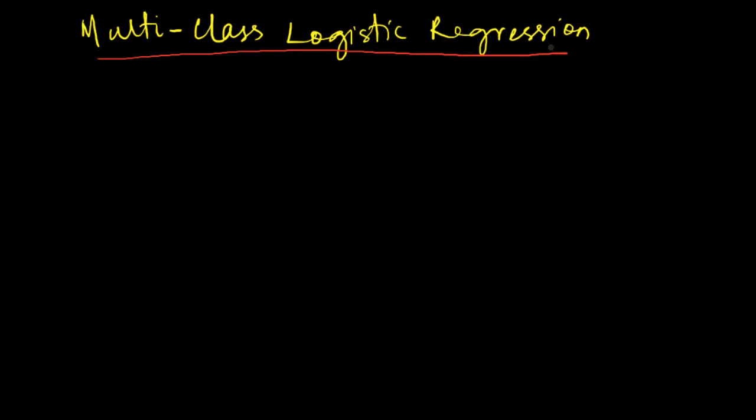But before getting there, let's see how we can use the concept of binary classification to do multi-class logistic regression. So let's say instead of having just two classes, you have a problem where you have three classes. For example, it could be 4, it could be 5, but for the sake of simplicity, let's take a 3-class problem.